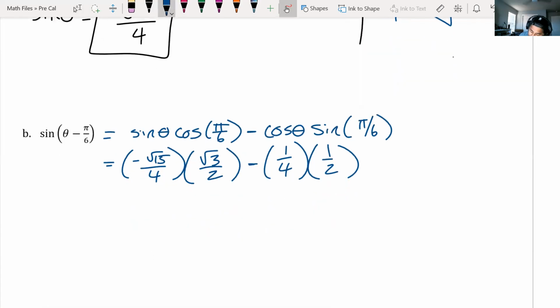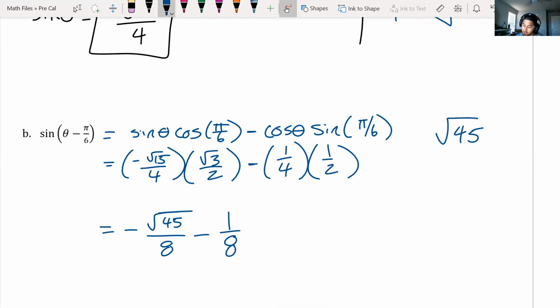Put it all together and you'll get negative square root 45 over 8 minus 1 over 8. Does the square root of 45 break down? Yes, you can break this into 9 and 5, and you'd get 3 radical 5.